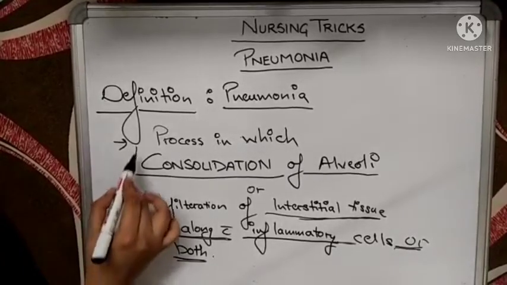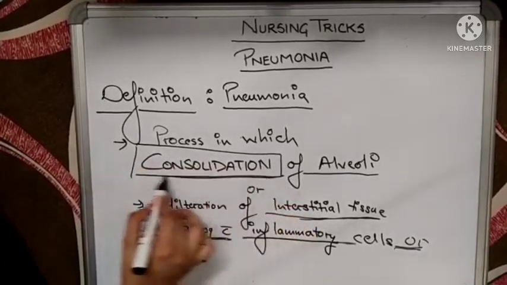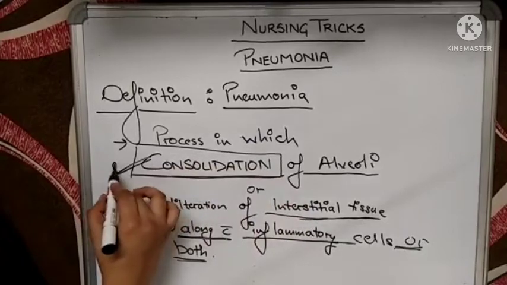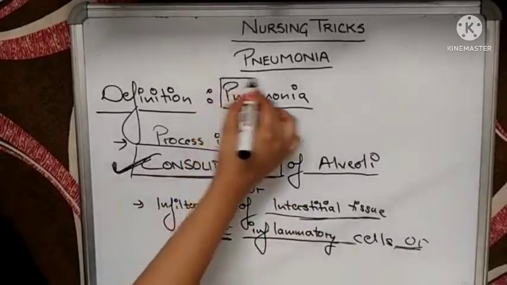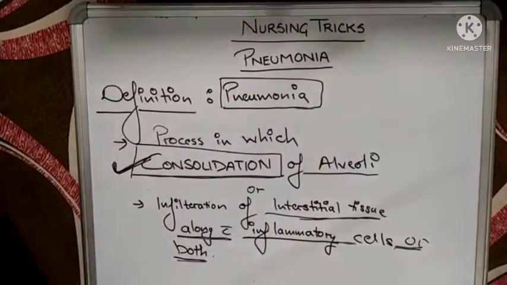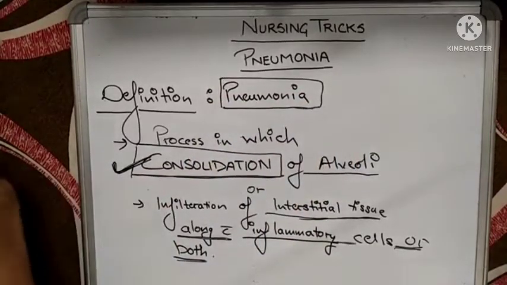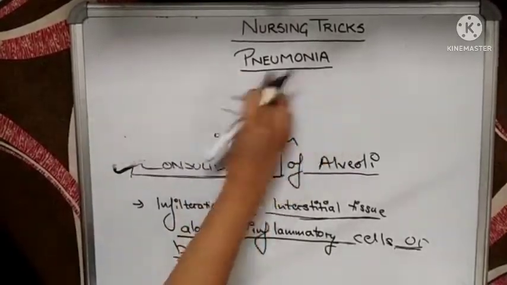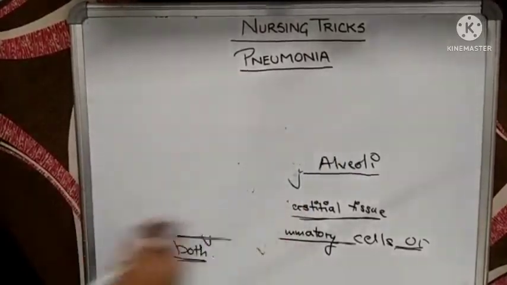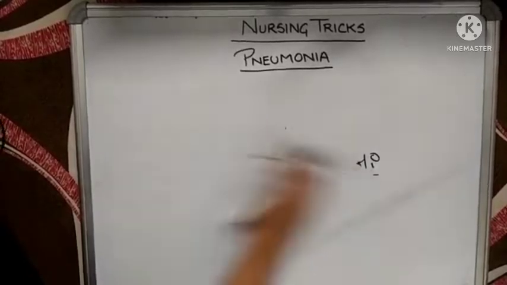So this particular word, consolidation, should be there in your definition in order to complete the definition of pneumonia. I hope the definition is clear to you. Okay, now let us see the classification. Very important, classification of pneumonia.